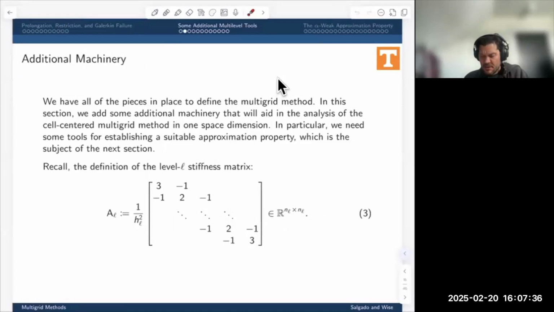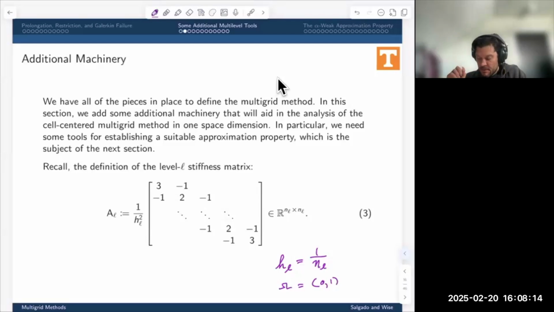So we're still in the one-dimensional setting. And recall that in the one-dimensional setting, we established the fact that our level L stiffness matrix has this form. HL is our mesh spacing on level L. That's always defined, by the way, as 1 over NL. The interval that we're working on is always omega 0 to 1.